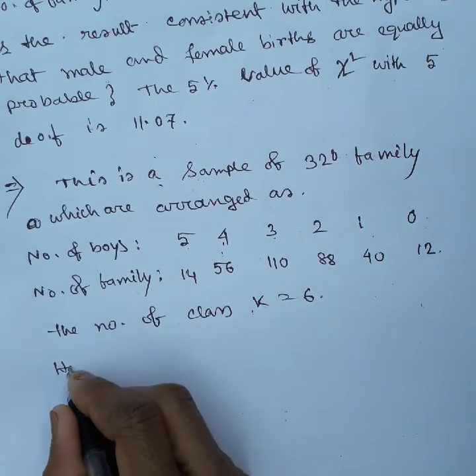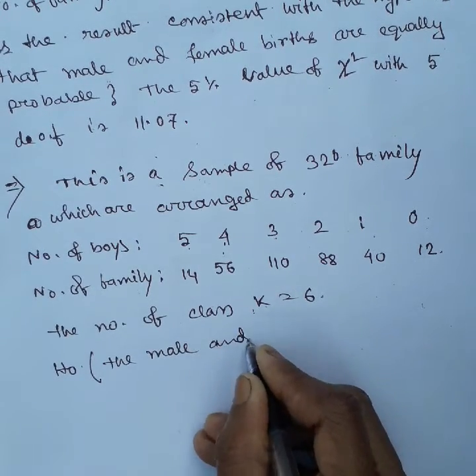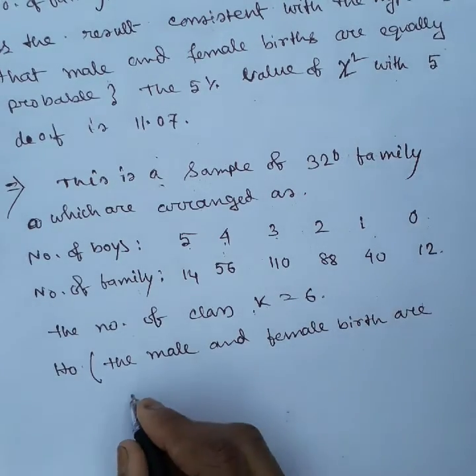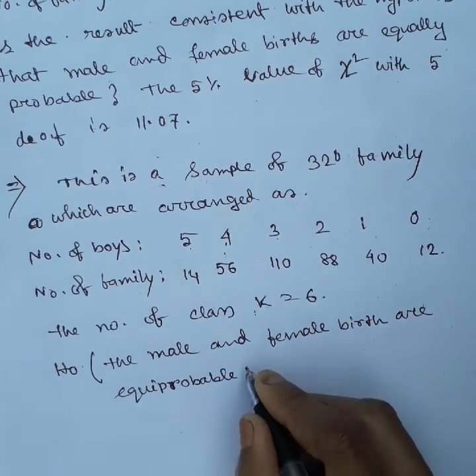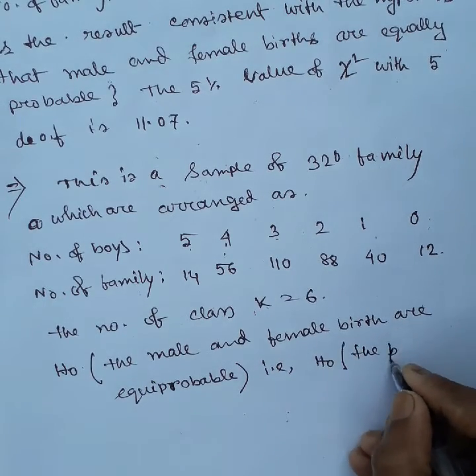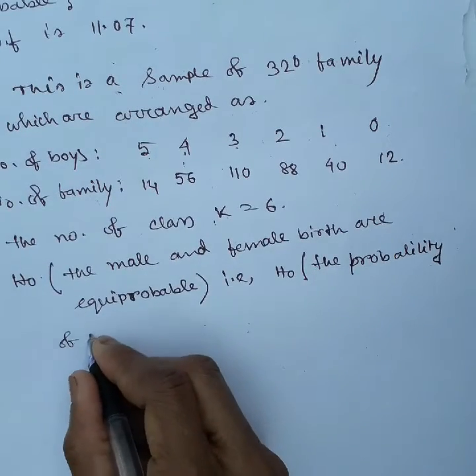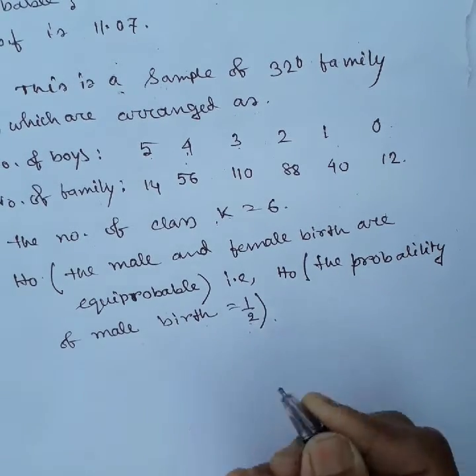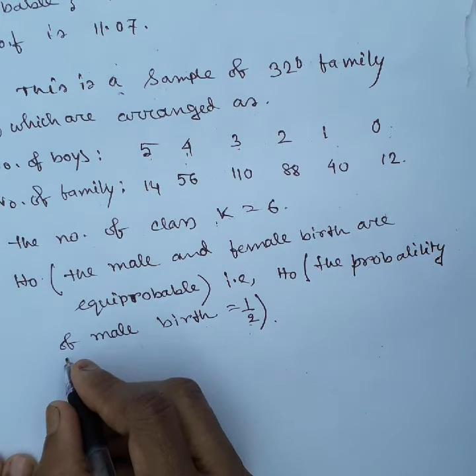Okay, so we take the null hypothesis H0: the male and female births are equiprobable. Okay, that means the probability of male or female birth is equal to half. We consider here only male, as the probabilities of male and female birth are both half.